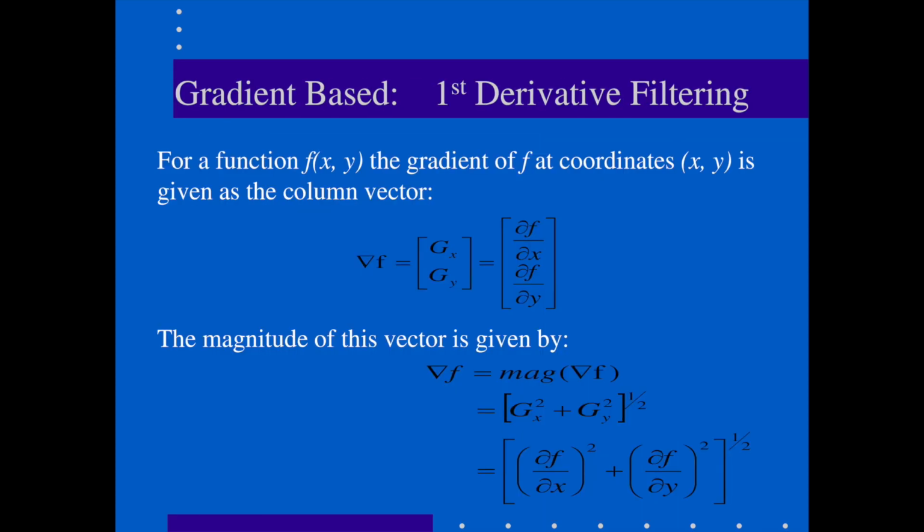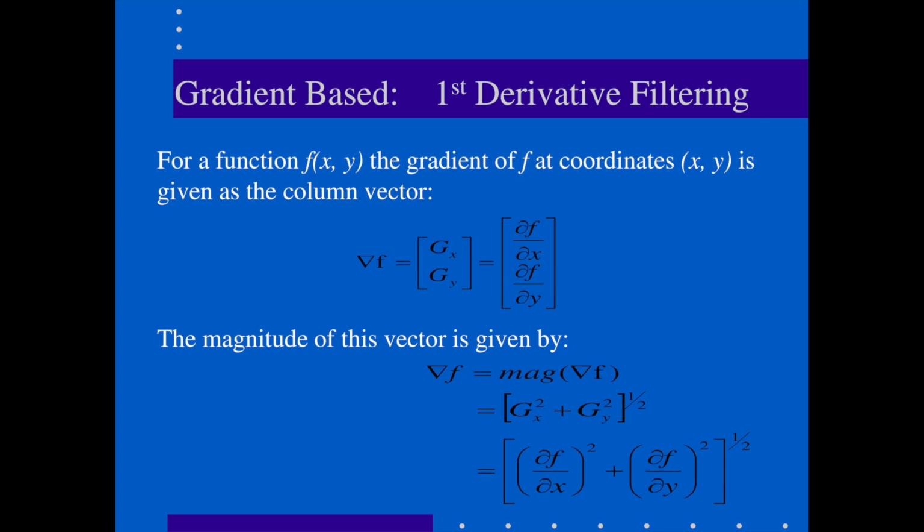In the gradient based operator type, we can see the mathematical calculation. For a function f of x, y, the gradient of f at coordinates x, y is given as the column vector below. That is, del f is equal to the column vector gx, gy, which is equal to dou f by dou x and dou f by dou y.